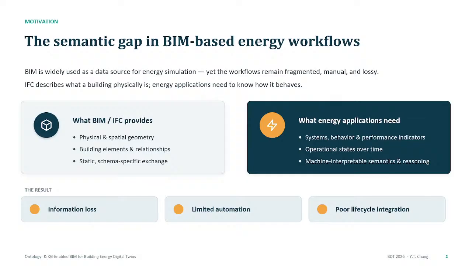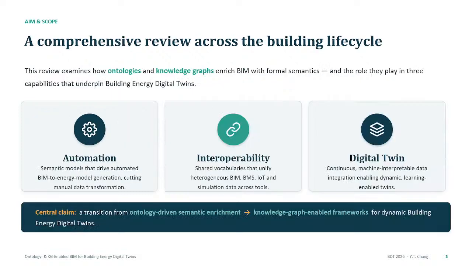And the energy application needs more than that. It needs information and knowledge of the HVAC system, and it needs knowledge of users and their occupant behavior, and in an AI era, it also needs machine readable data, etc.